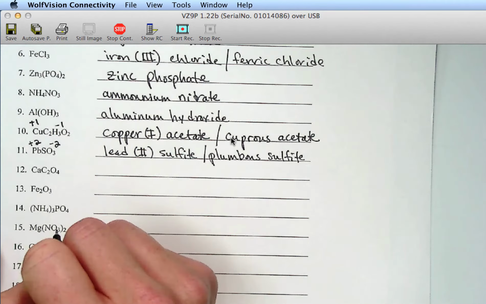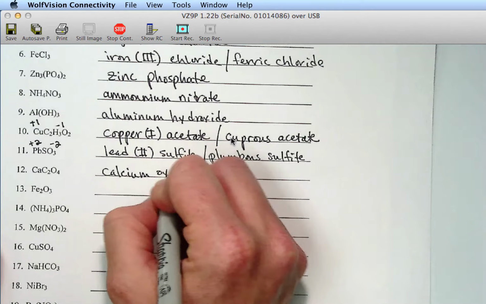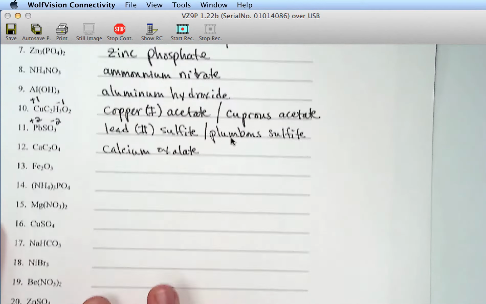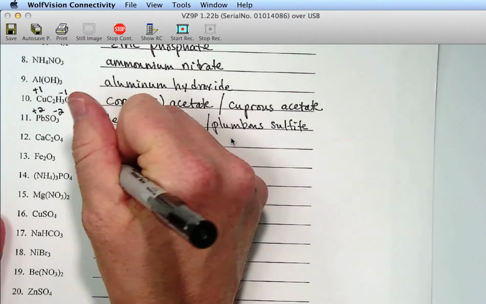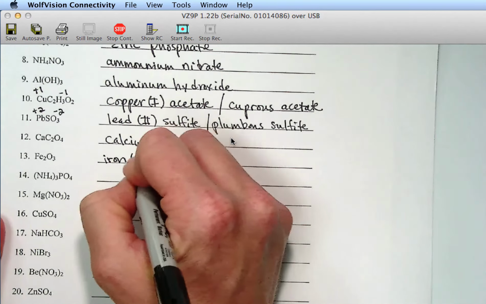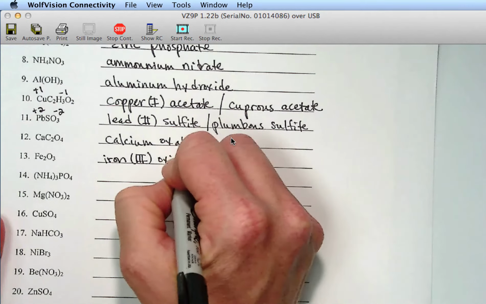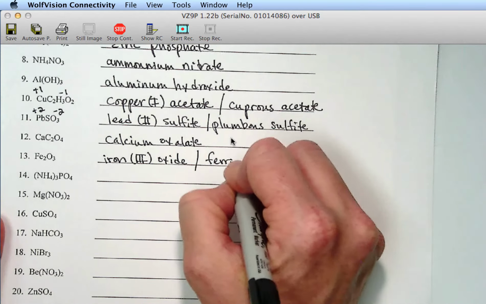Number 12, calcium oxalate. Number 13, iron 3 oxide, or ferric oxide.